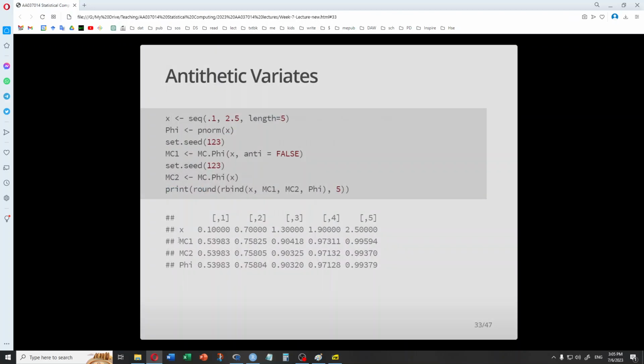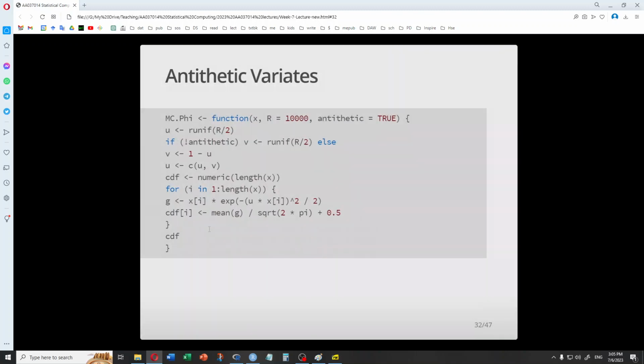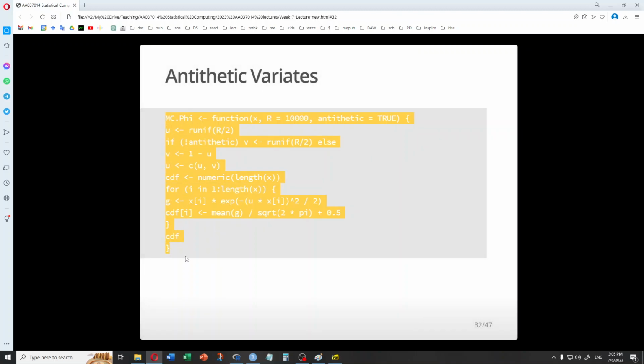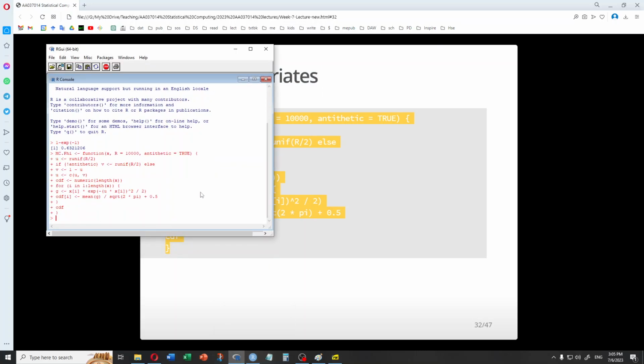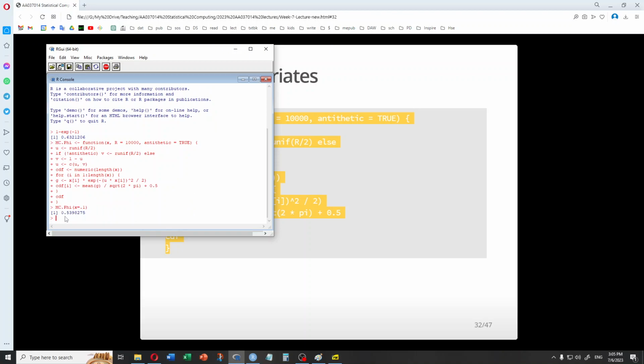Now let's look at this. Nothing will happen if you just run the definition, so you can run it one by one, like make phi of x equal to 0.1, and the CDF that I will get is 0.53.